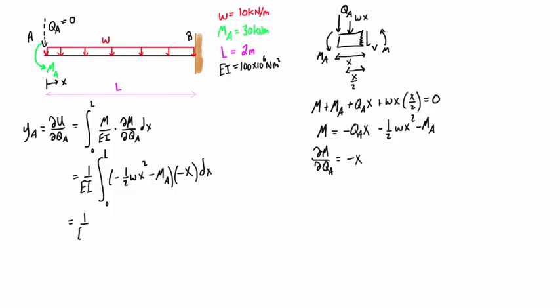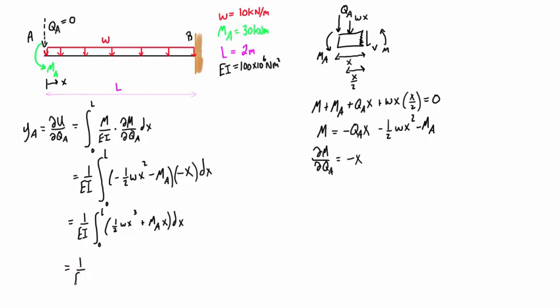We have 1 over EI. We can just distribute this negative x in, so we have 0 to L. That negative is going to cancel out with this negative, so we are left with 1/2 Wx cubed plus MAX dx. All right, so let's do this integration now.